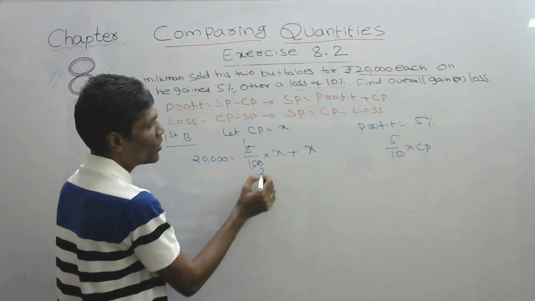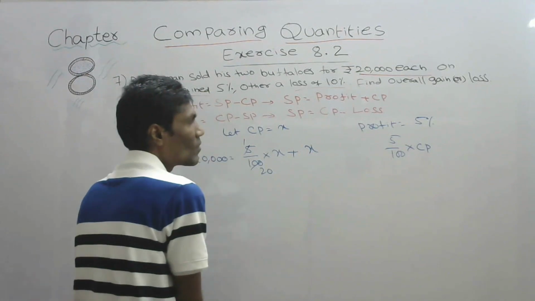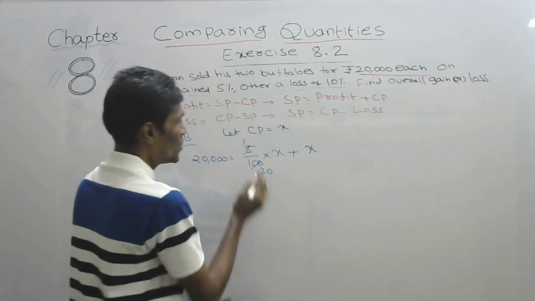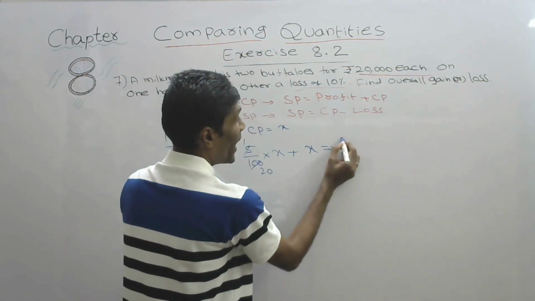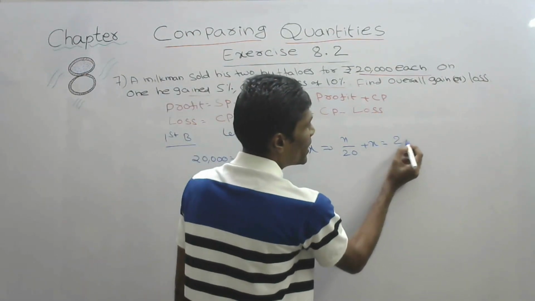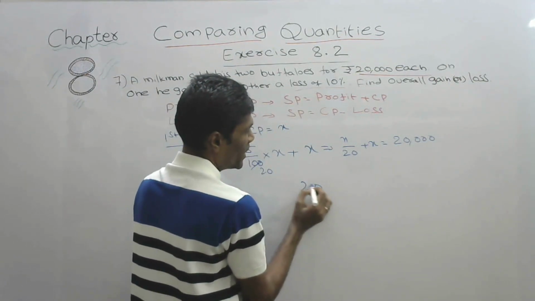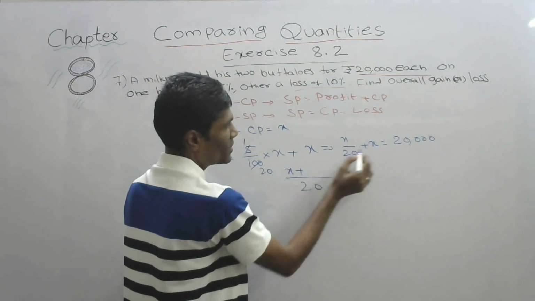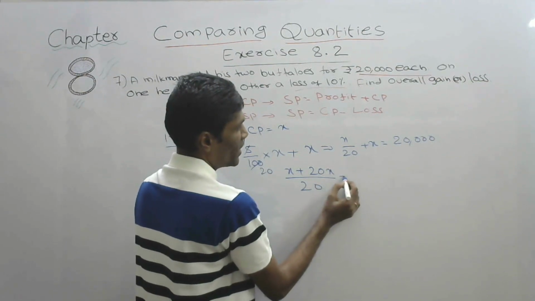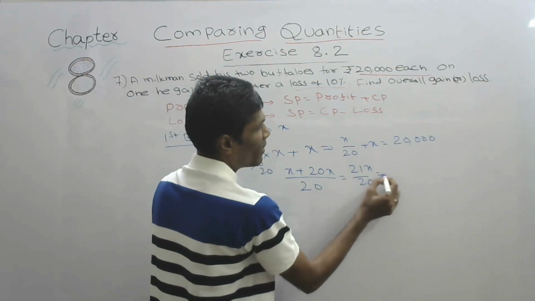5 ones are 5, 5 twenties are 100, so 1 by 20. That implies X by 20 plus X equal to 20,000. So LCM 20, X plus 20X equal to 20 plus 1, 21X by 20 equal to 20,000.